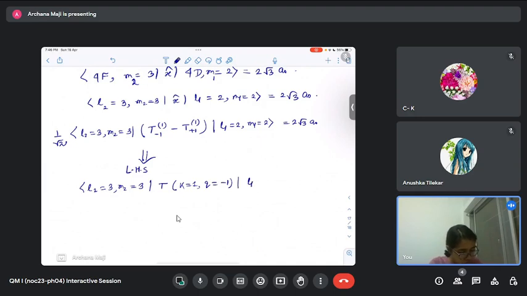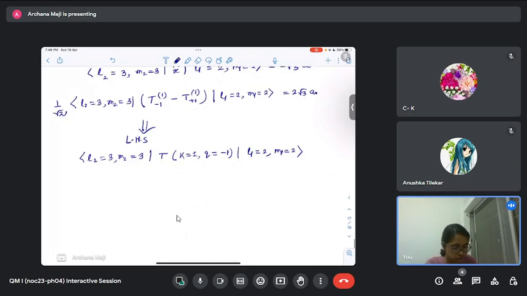Okay, L1 equal to 2, M1 equal to 2. So let me write down the formula first.